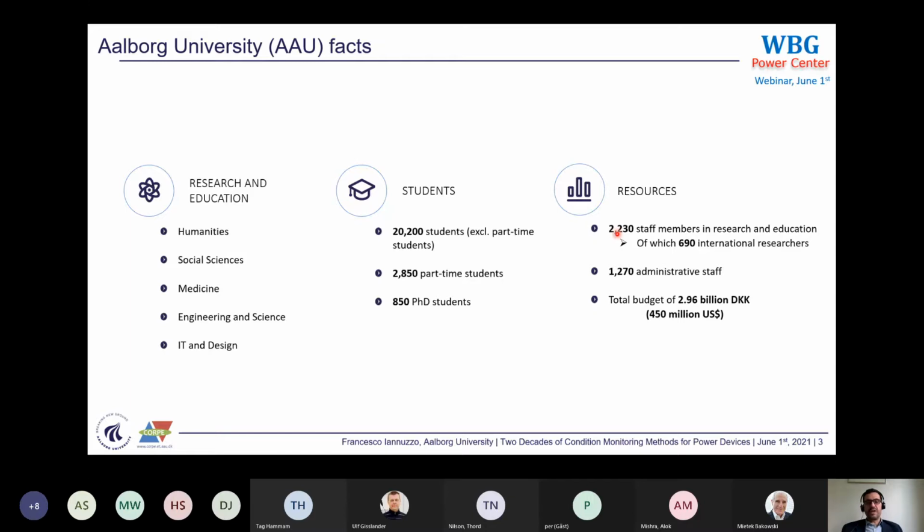Quite remarkably, we have a large percentage, I would say 30%, of foreign staff members, which is quite a good result. 1,200 and more administrative staff, and a budget of around 2.3 billion DKK, Danish crowns.